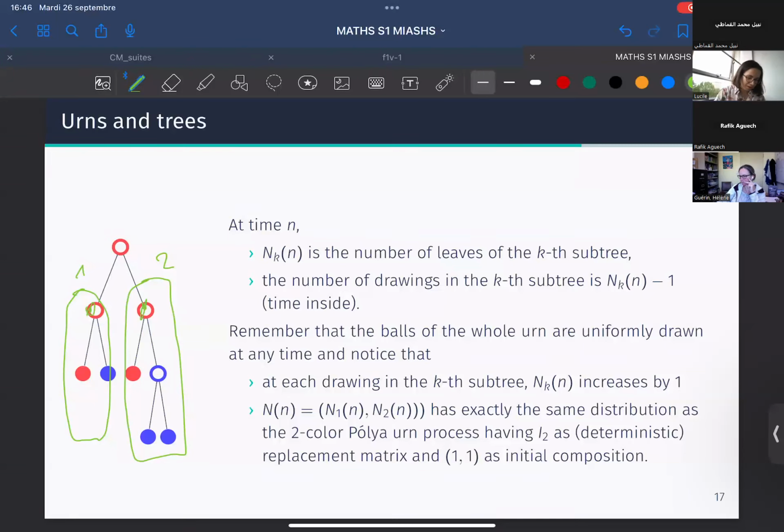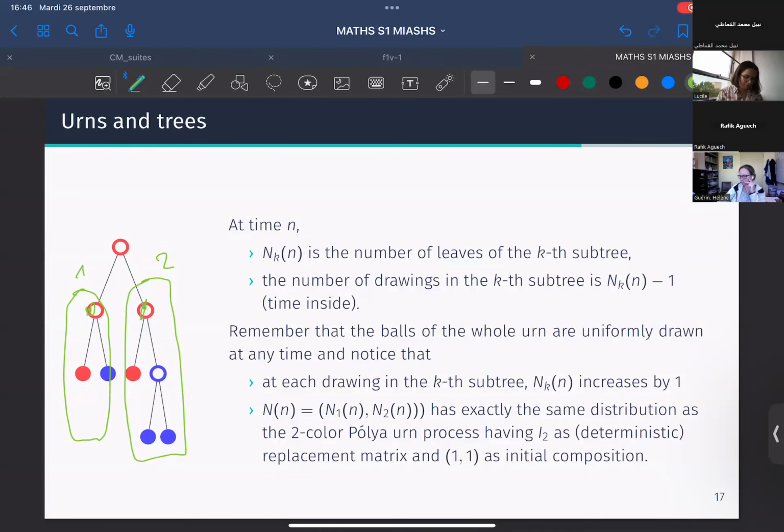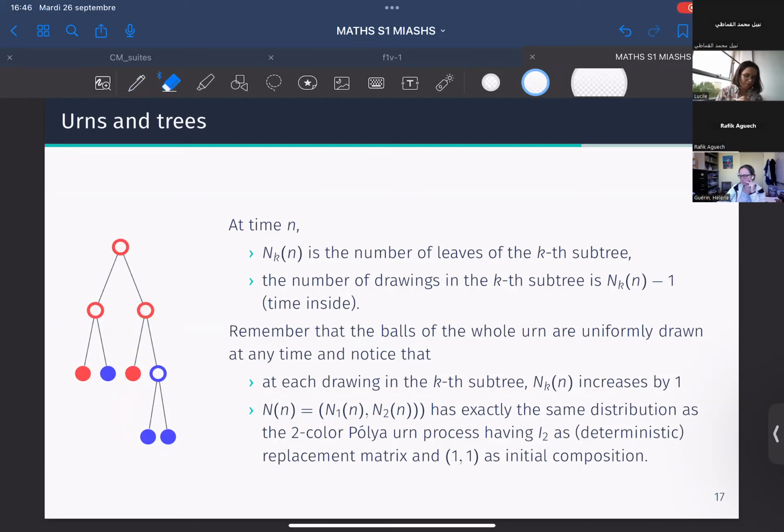So at every time, you pick one ball and the ball is either here or here. So that means that at every time, each subtree is only increased by 1, and there is only one of the subtrees that has a new leaf.